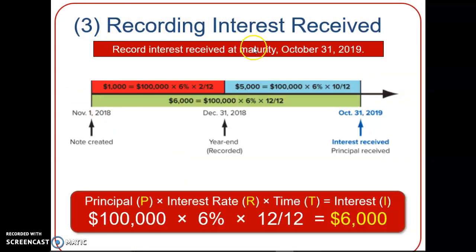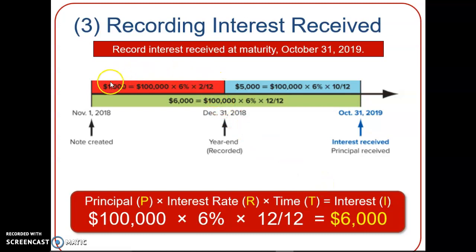By October 31st, 2019, the note receivable is mature. So we're going to recognize the 10 months of interest revenue that happened in 2019: principal times 6% annual rate times 12 months is the total amount of interest we're going to receive in cash.